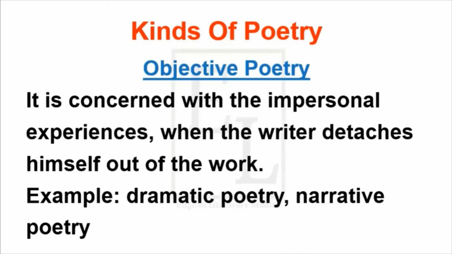He describes other people, other things that have nothing to do with the writer, but with the environment, the people around him, for general people, for the reality that the people are carrying with them, like dramatic poetry, narrative poetry, also biography, which has nothing to do with the writer but the person he is writing about only. Objective poetry is completely opposite to subjective poetry.